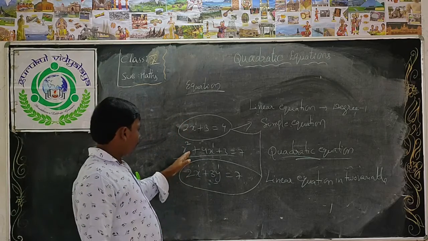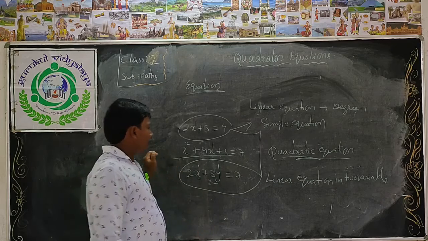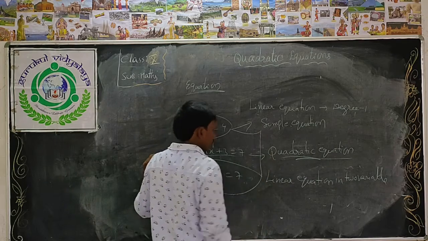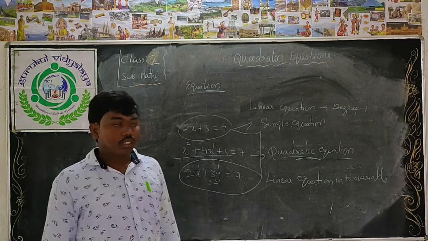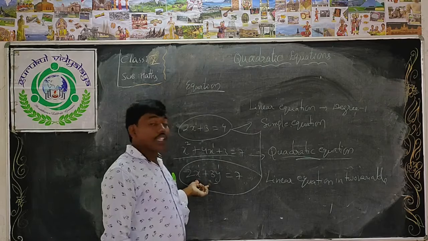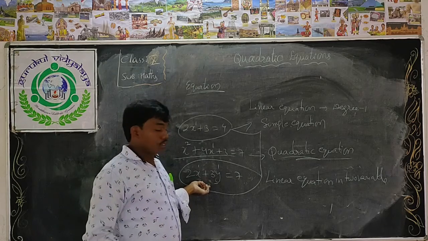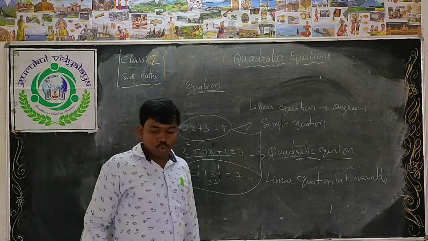So children, x square plus 4x plus 3 is equal to 7 is a quadratic equation. It is an equation with degree 2. That is called a quadratic equation. But 2x plus 3y is equal to 7 is a linear equation having two variables, so it is called a linear equation in two variables.